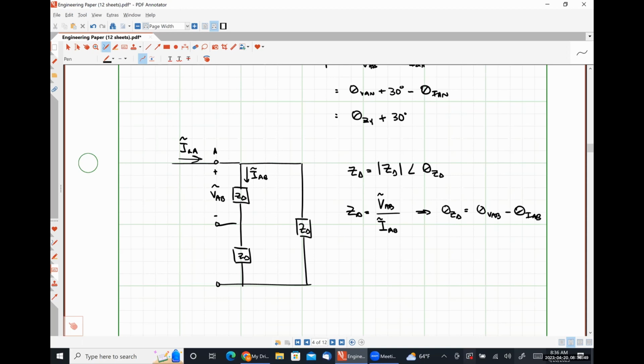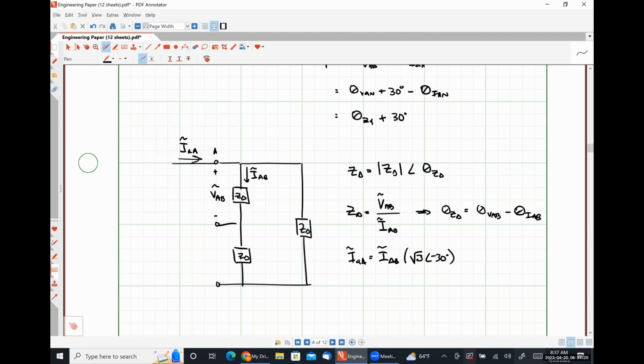So now we're going to have to look at our currents, right? So what's the relationship between IAA and IAB, Bailey? Because this was what you were trying to tell me earlier. Negative 30, right? So IAA is equal to IAB times √3 angle negative 30 degrees.